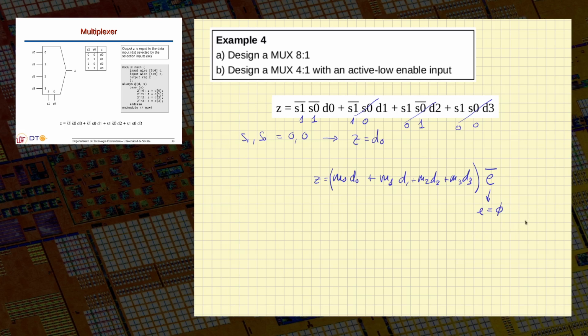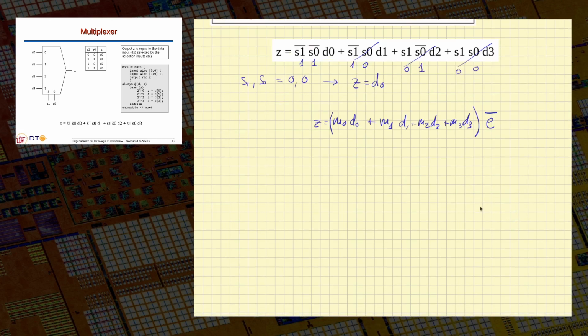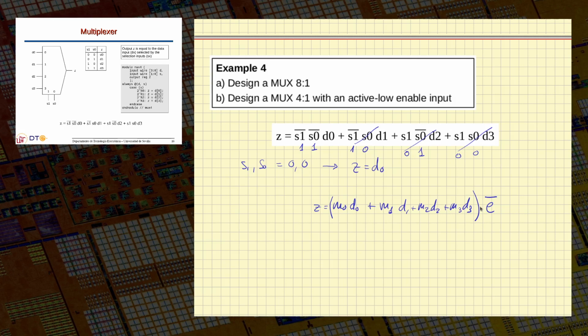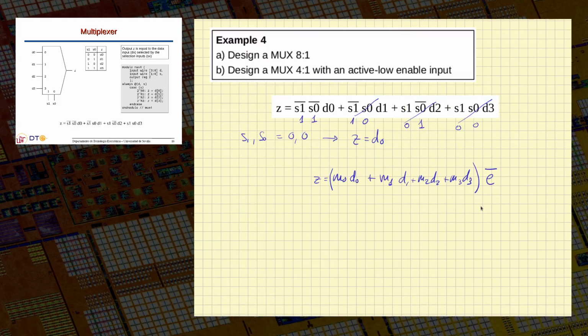Now we can build our circuit just by using the right expression. Let's give two options. Okay. So this is just actually for case B. In case A, we don't really need the enable, but we will need to generate the function for a multiplexer that is 8-to-1.